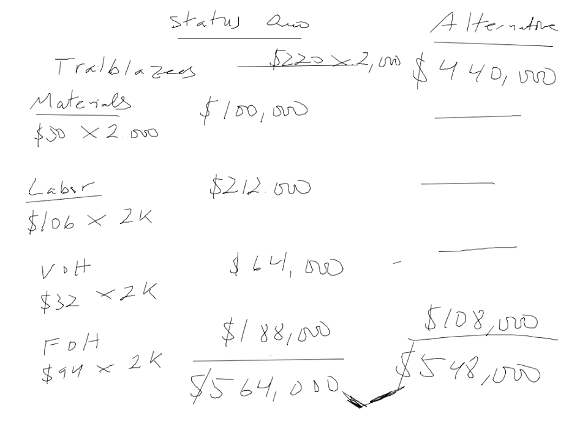That's only 16,000. Okay, so it's not quite the $20,000 threshold that they were looking at. So the answer for B is that we're going to continue to make it.